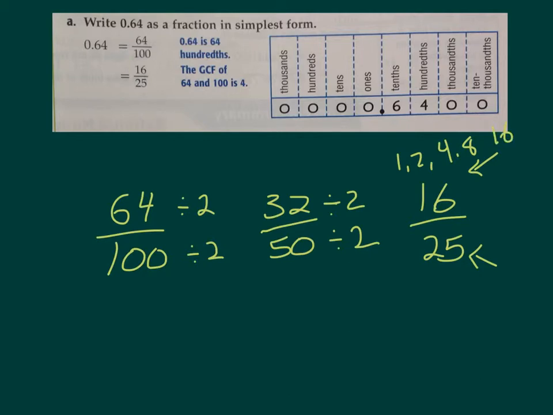And the only one of these that will go into 25 is 1, so it's in simplest form. So 16/25ths. Up here they divided each by 4, and you'll find that the bigger the number you find, the fewer steps. I just took the evens or divided by 2 because I saw they were both even, and that was quicker for me. However, the larger the number you divide by, the fewer times you'll need to divide.